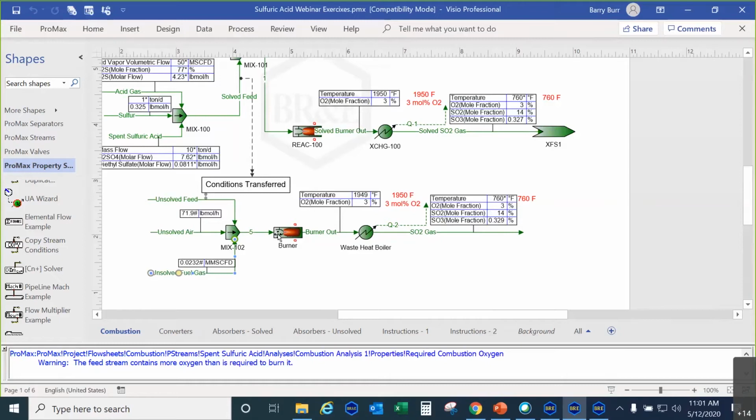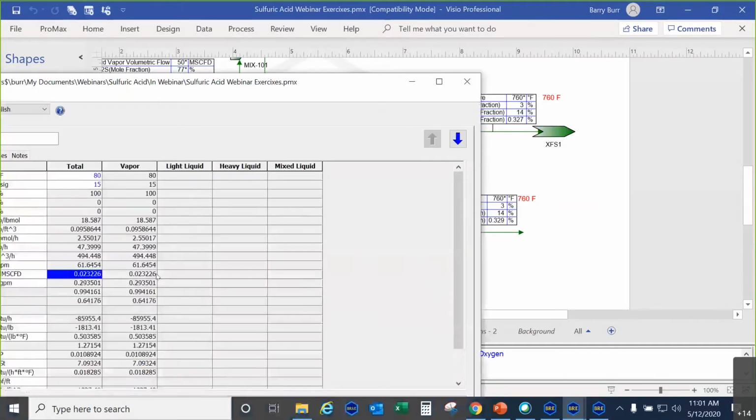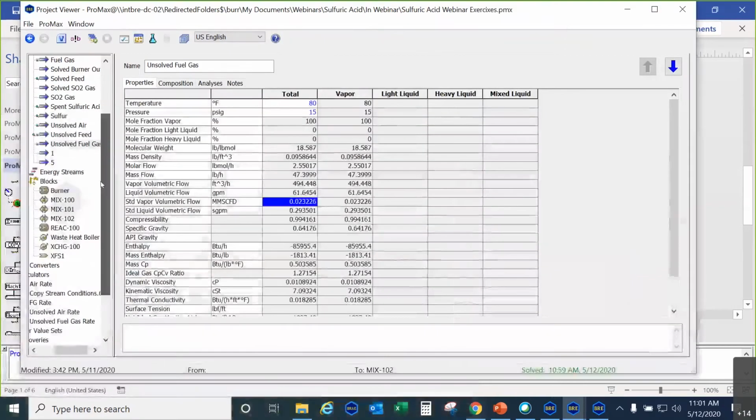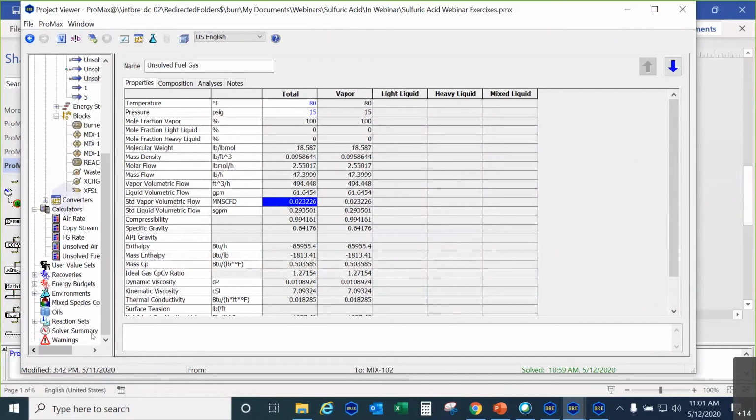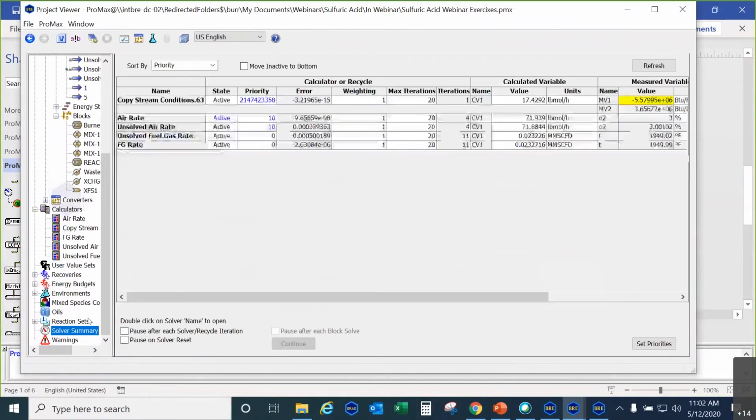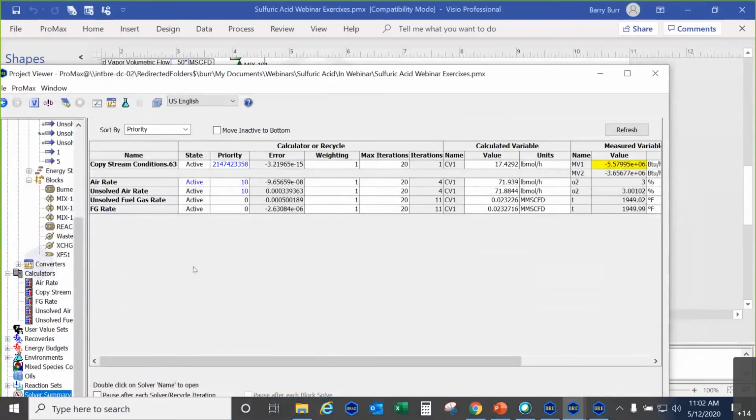But here, one thing you can do is you can open the project viewer and you go to the bottom where there is this solver summary. And in this, we have all of the solvers in the ProMax project. So right here, we have an air rate.